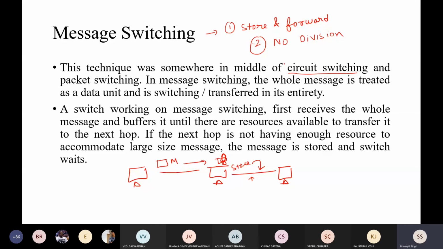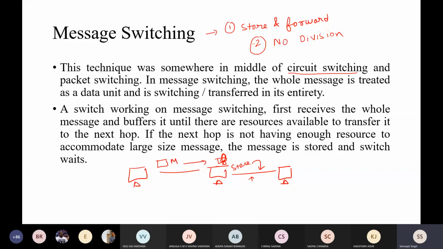That is why, if you want very reliable communication, circuit switching is preferred. If you do not want any manual intervention, and your data is divided into parts and reaches the receiver, and you don't mind how it reaches, then you will prefer packet switching.